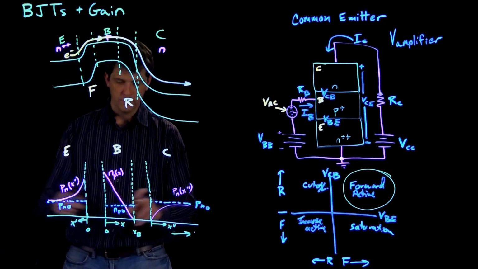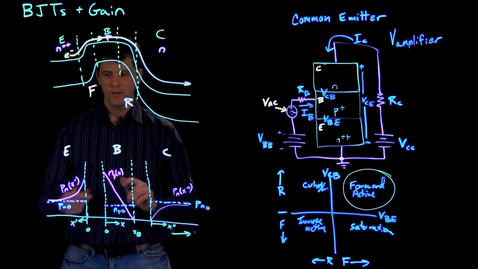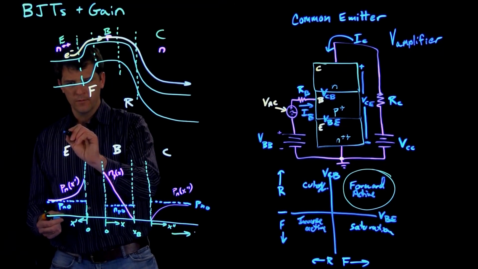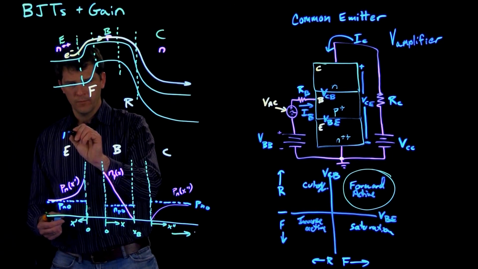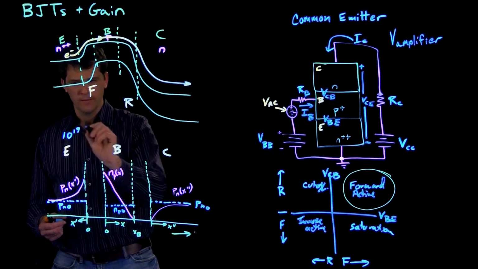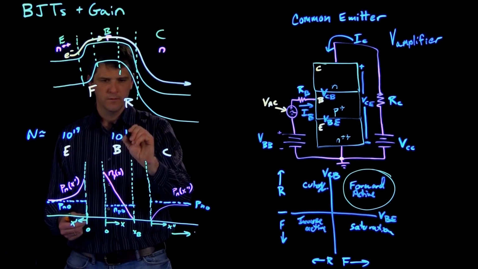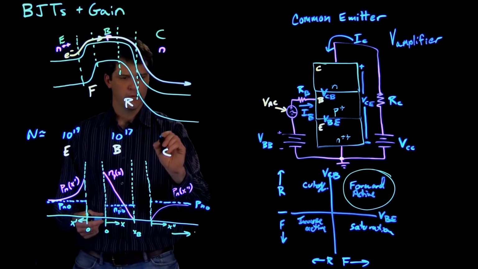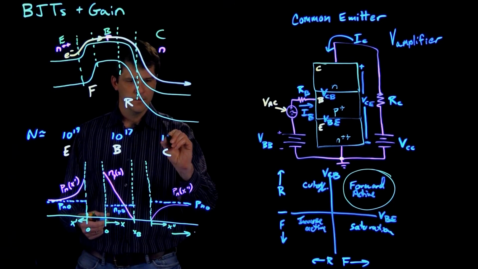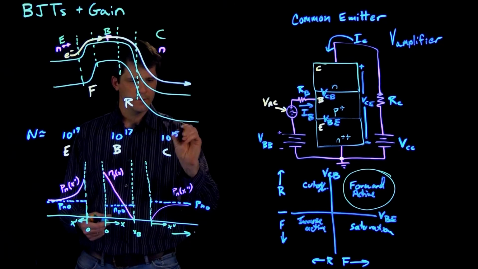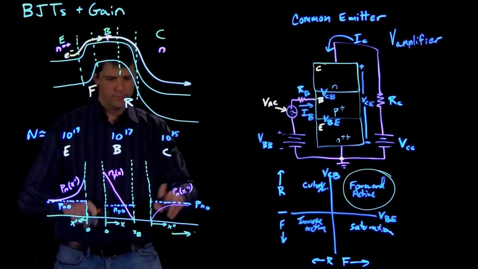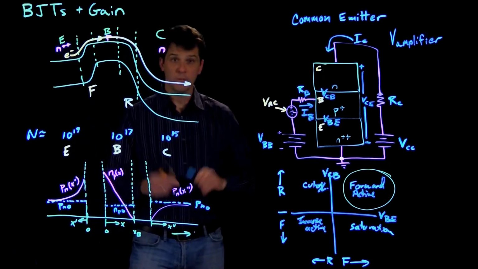Of course, each of these referring to the different doping regions. So remember that the N-type doping here is something like 10 to the 19. The P-type doping about 10 to the 17 here, and the n-type doping here, something around 10 to the 15. So all three of these numbers are different. I've just shown them schematically.